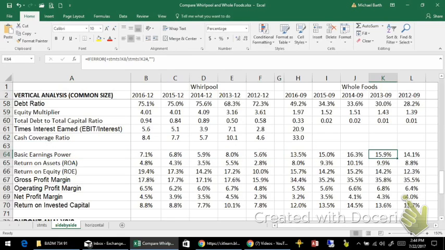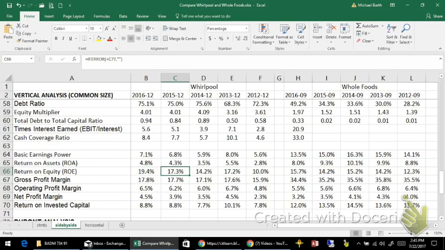All right, looking at the profitability ratios, we can see that basic earnings power, which is operating income over assets, is higher over here for Whole Foods than for Whirlpool. The return on assets is higher for Whole Foods, so their sales profitability, which is the net profit margin, is kind of similar, but the return on assets, because they don't hold as many assets relative to their sales as Whirlpool does, their earnings per dollar of assets is going to be higher.